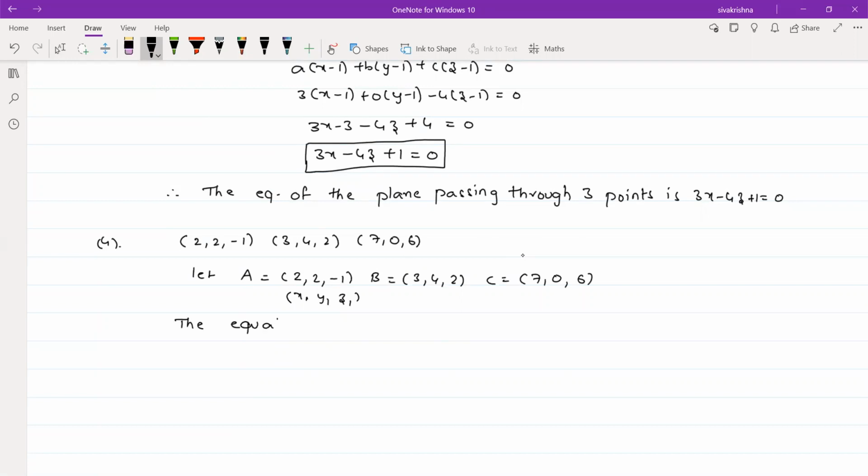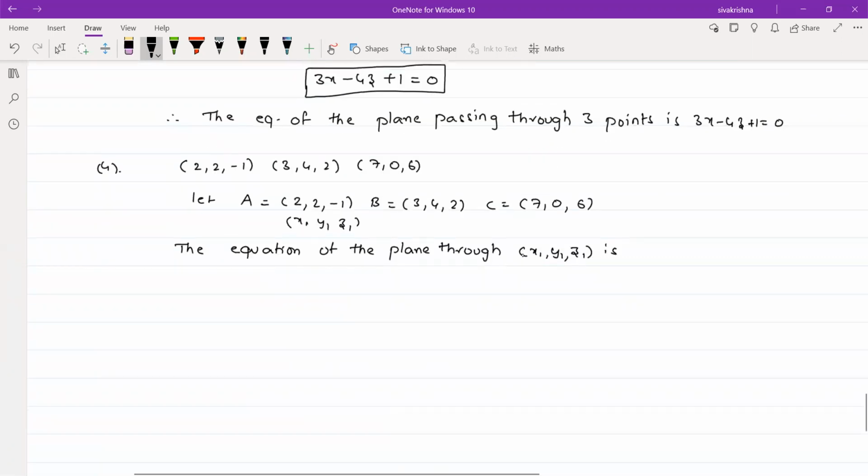The equation of the plane through x1 comma y1 comma z1 is A into x minus x1 plus B into y minus y1 plus C into z minus z1 is equal to 0.